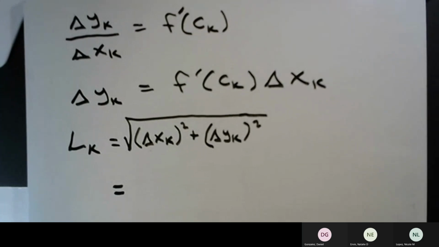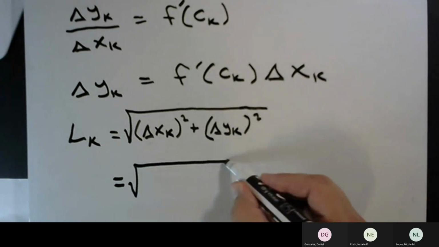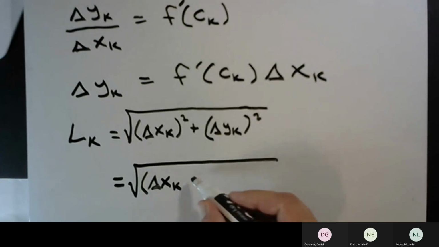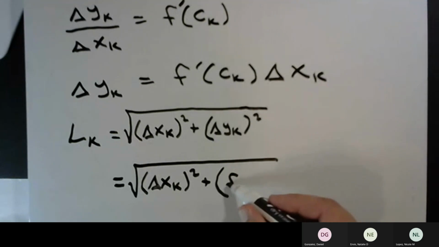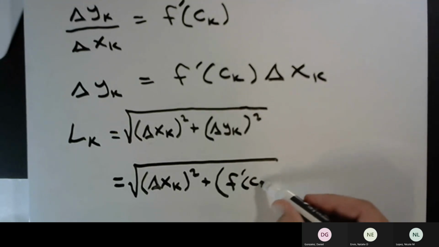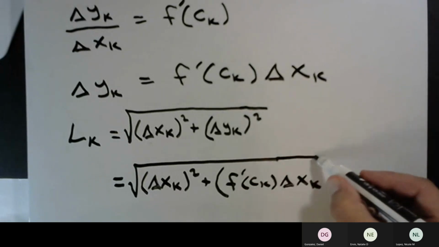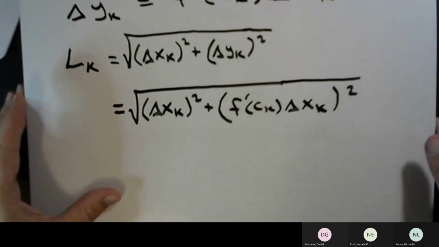So now we can rewrite this: delta xk squared plus, and we'll do the substitution, f prime ck delta xk, squared. And we'll do some simplification here.